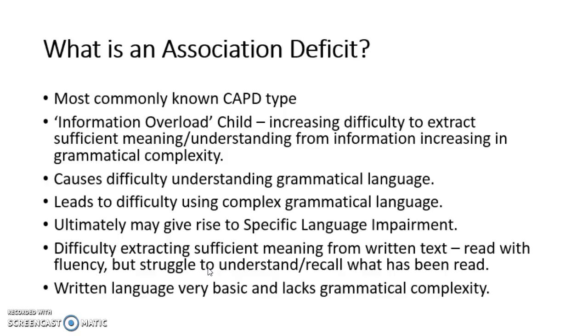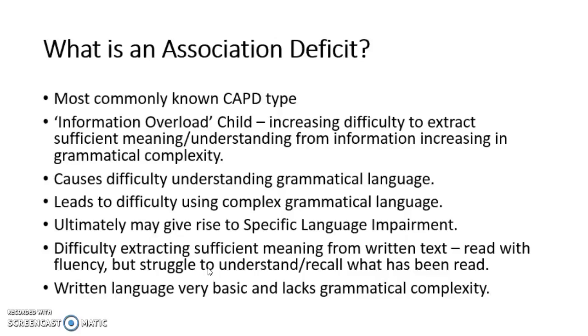So, what is an association deficit? In other words, these are information overload children, which means that they can cope with simple, short sentences and instructions, but as soon as sentences or instructions are much lengthier or presented in a grammatically complex way, these children will really struggle to understand what is being said.